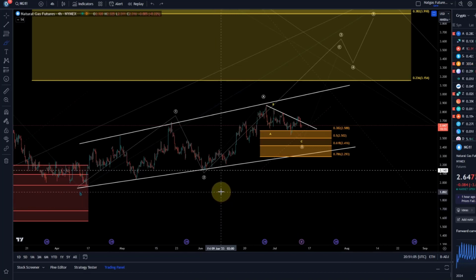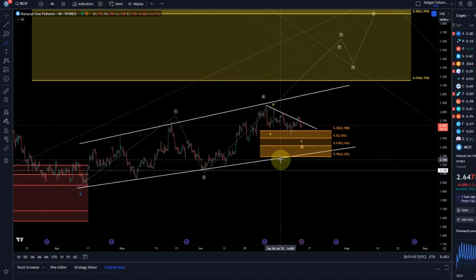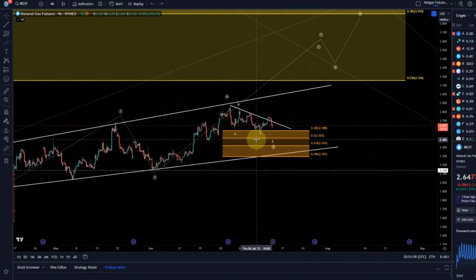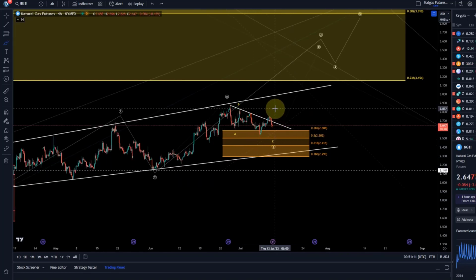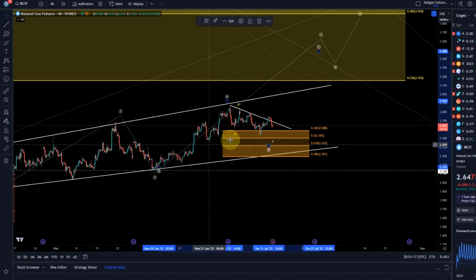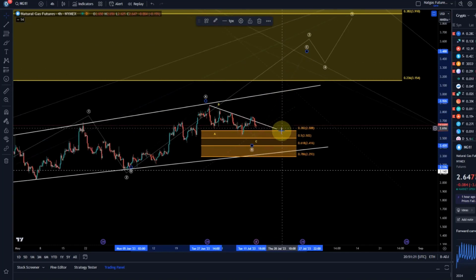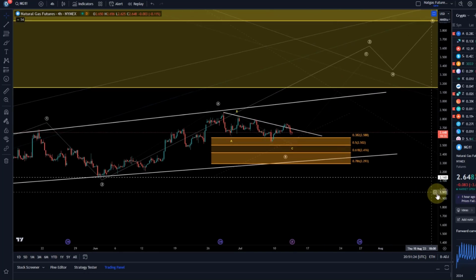So there's not much more to add, just continue to need patience. It would take a break above the B wave high here at $2.84 to really indicate that this larger B wave is done and that we're rallying in a C wave. A small 5-wave move to the upside would also be suitable.